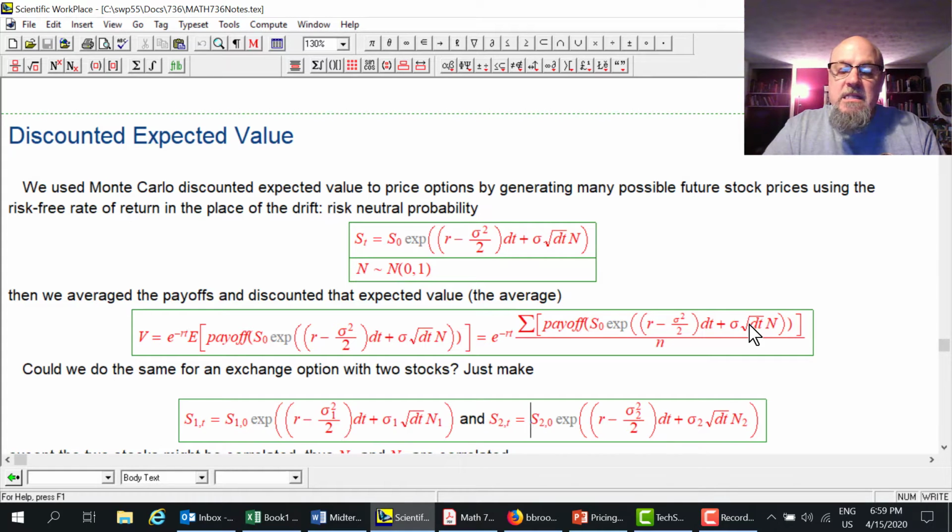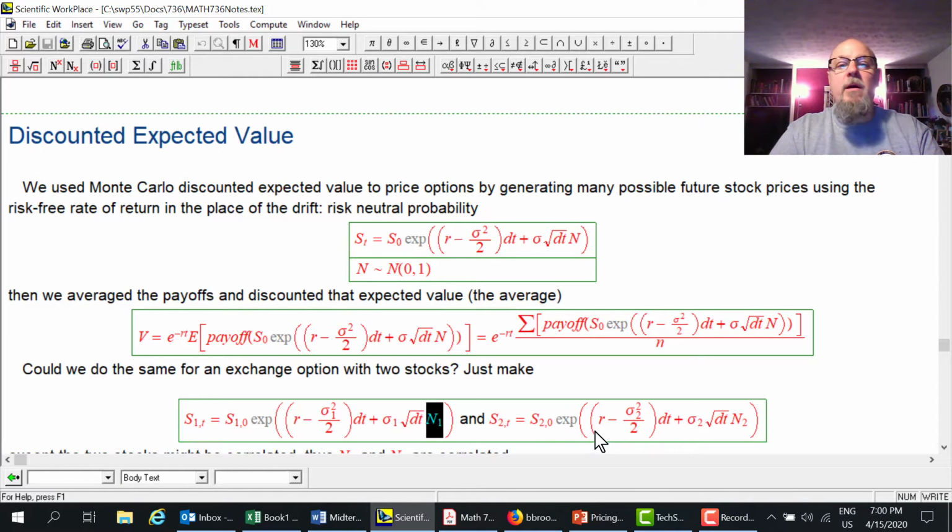Well, yeah, except that N1 and N2 are random variables that come from a normal distribution, standard deviation of 1, average value of 0, expected value of 0. So could we do that with these two stocks? Yes, except the stock prices might be correlated.